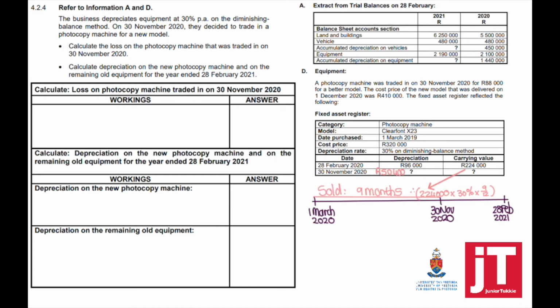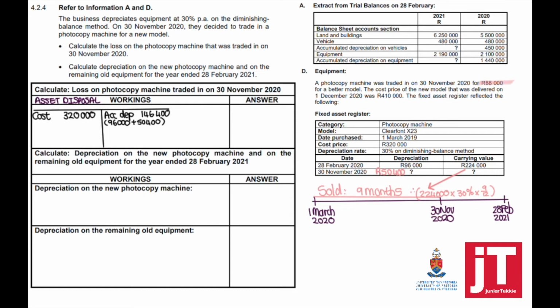I'm going to open up the asset disposal account. The cost will always appear on the debit side. On the credit side, we would always have the total accumulated depreciation on the asset which we disposed of. That means it's the balance in the beginning plus my updated depreciation, which we've just calculated.